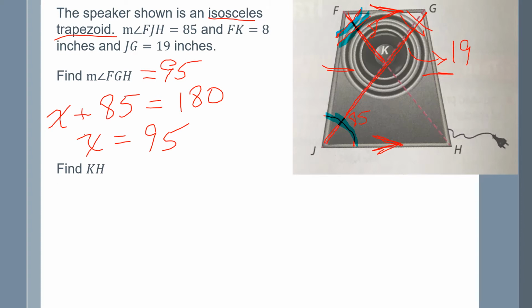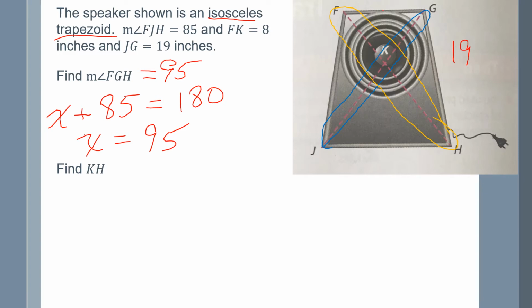We want to find the length of KH. Well, we're going to erase all this stuff up here. So we know that this diagonal is congruent to this diagonal.